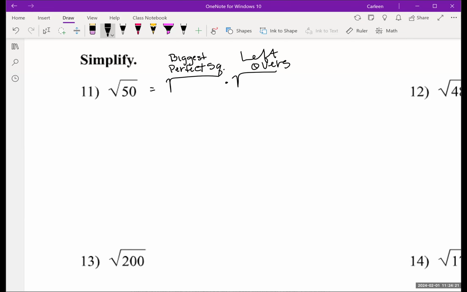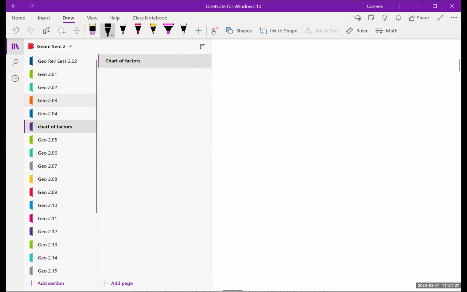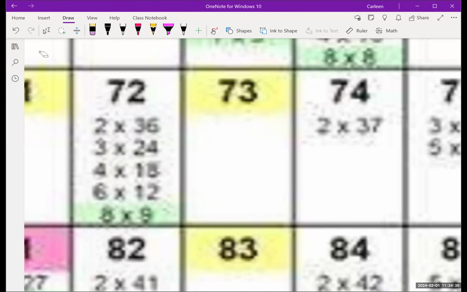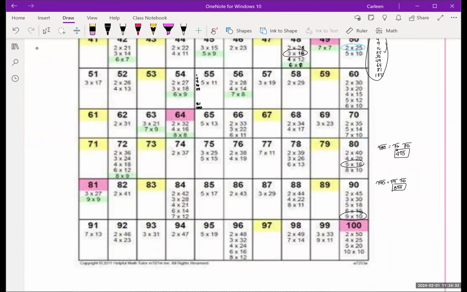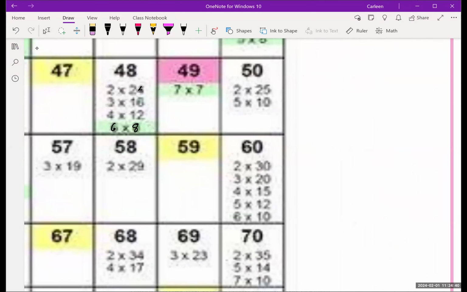Leftovers. Okay, so we're going to go to something called the chart of factors. And we're going to look at the number 50. When you come in to take your test, if I forget to give you a chart of factors, you're going to remind me to give you a chart of factors.